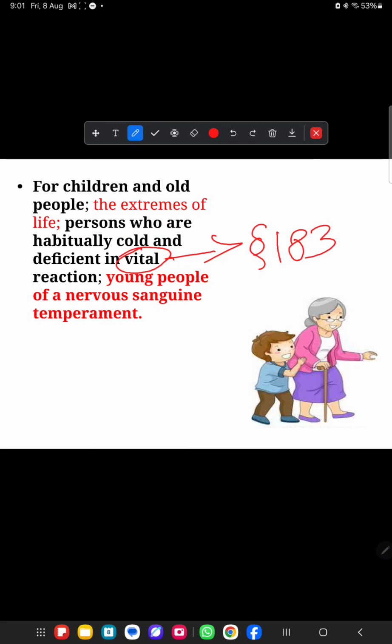Okay, very good, Ina. This was mentioned especially in the footnote of 183, where Dr. Hahnemann has advised that in the benumbed state we can prescribe opium. Many times the question can change: instead of benumbed state, hyposusceptibility can be asked. Okay, so again we have to prescribe opium.